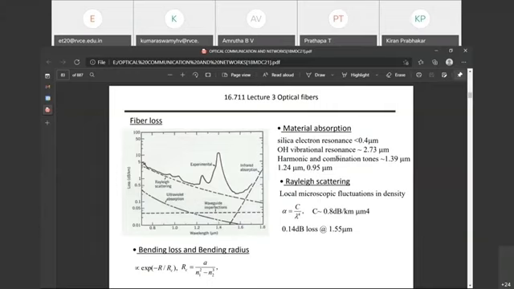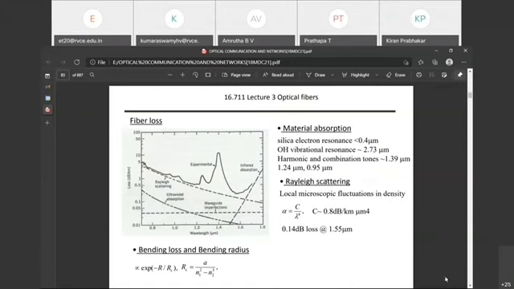Normally they will not ask you for these parameter values, but to understand this curve, you may require this knowledge. Local microscopic fluctuations in density are the cause of Rayleigh scattering.